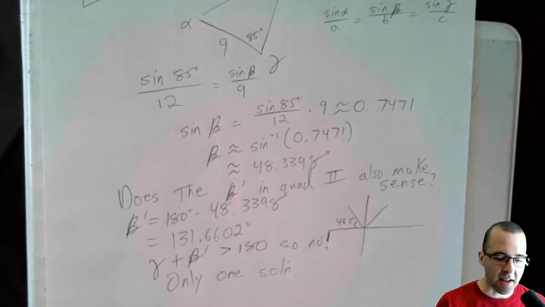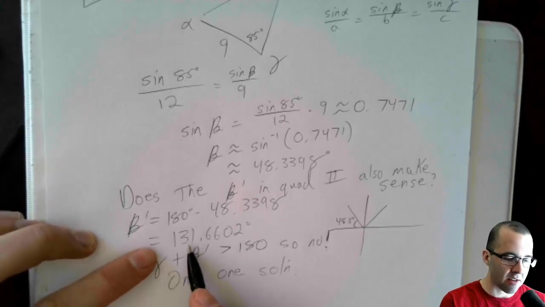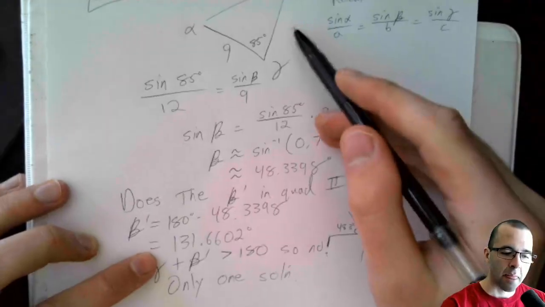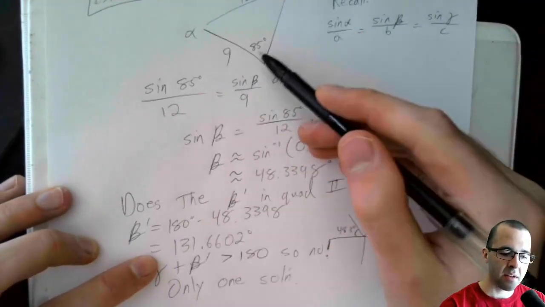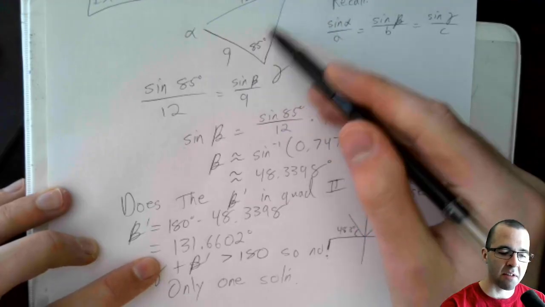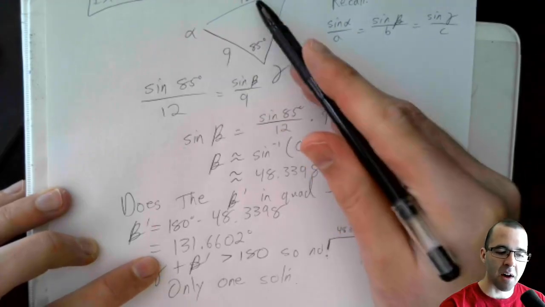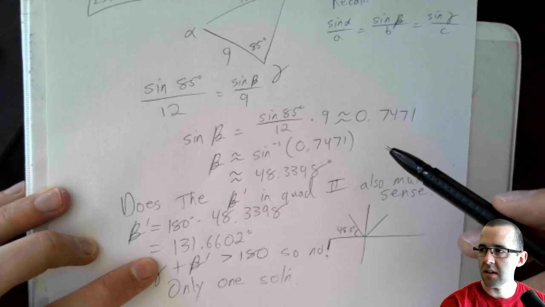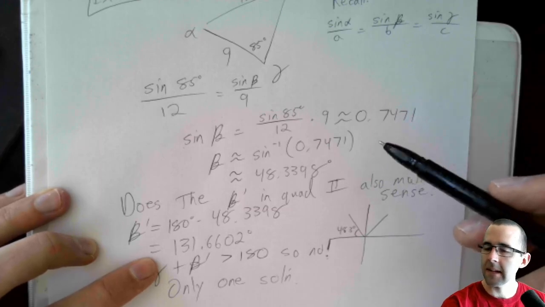Another way that you could see that beta prime is not okay for this triangle is, look, beta prime is bigger than gamma. 131 is a bigger angle than 85, but its opposite side is smaller than the opposite side of gamma. So that's impossible.